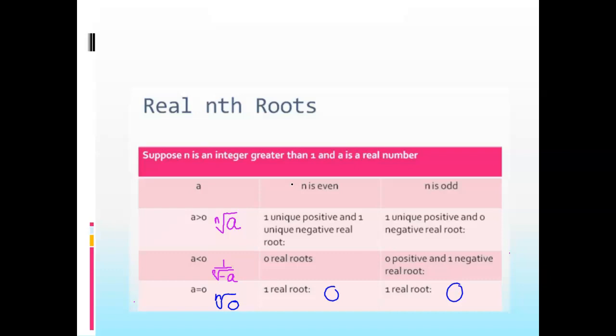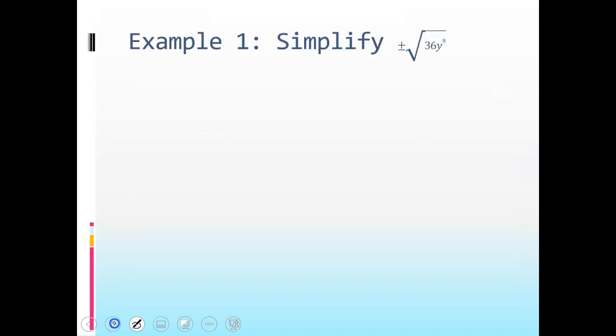Anytime you take a cube root or an nth root or a fourth root or a fifth root of 0, you get 0. Now, the next table is not on your note guide. It is simply a way to understand what we are about to do today.